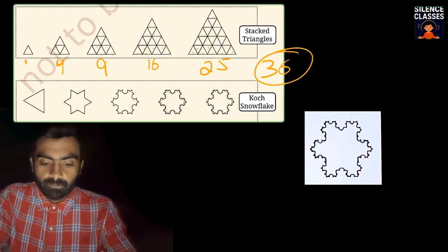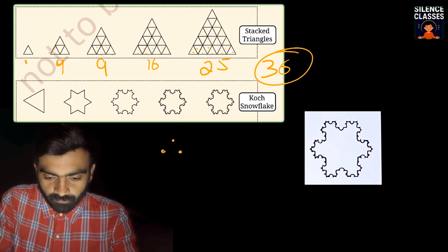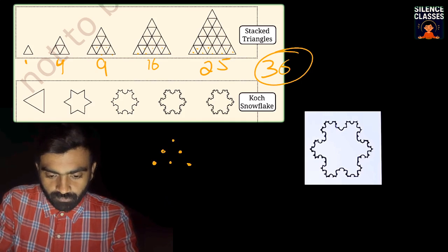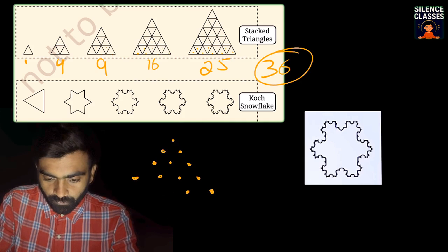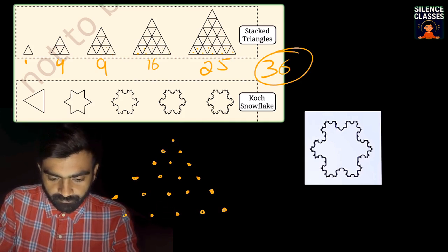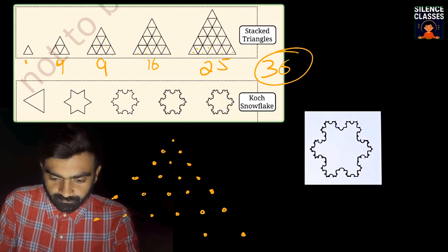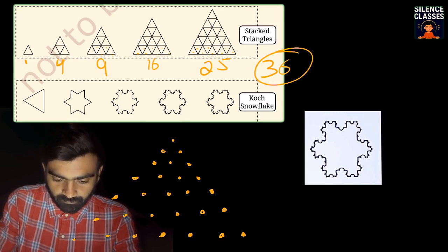So let's make it like this: 1 2 3 4 5 and 6. Just a second, like this.